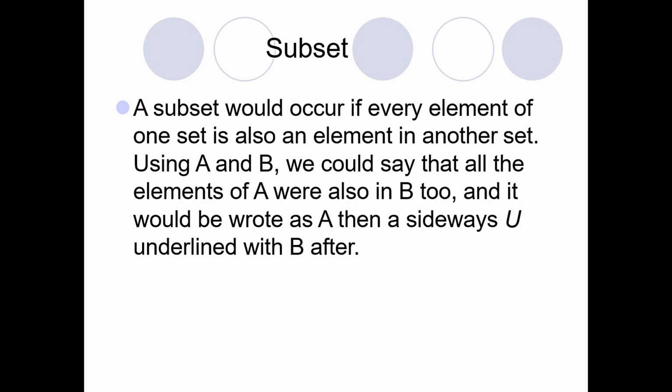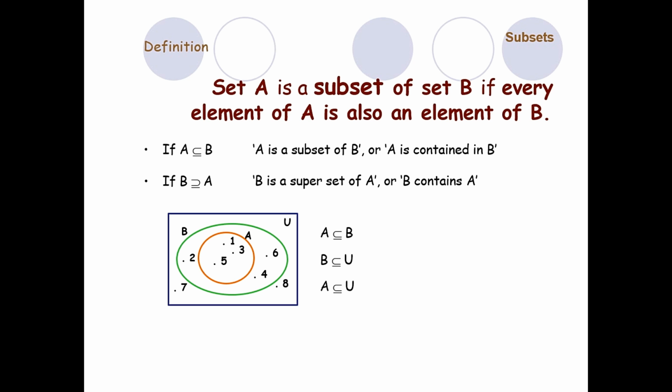Okay, so set A is a subset of set B if every element of A is also an element of B. So, if A is a subset of B, that is how we denote it, a sideways U and then an underline below. This is read as A is a subset of B, or A is contained in B.